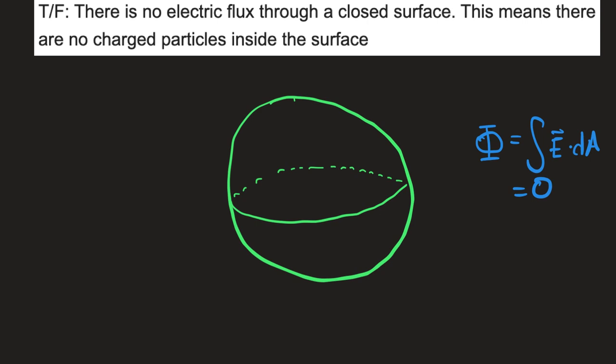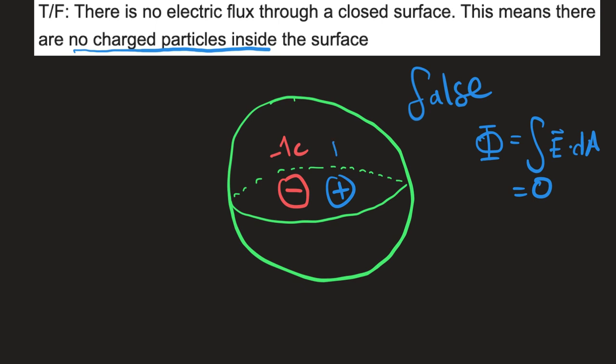Okay, so this one is actually false. If this were to say there's no net charge inside, that would be true. But it's possible to have, say, a charge of -1 coulomb and a plus charge in here of +1 coulomb.